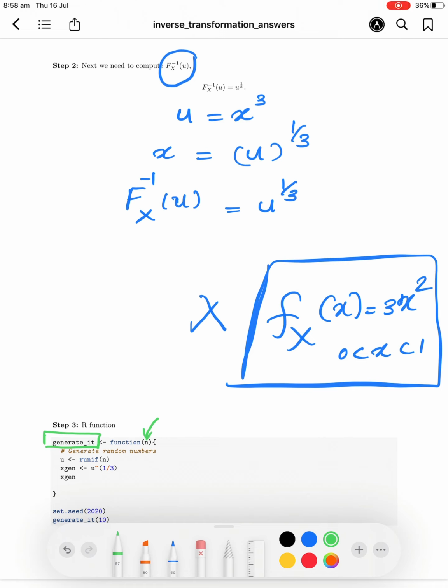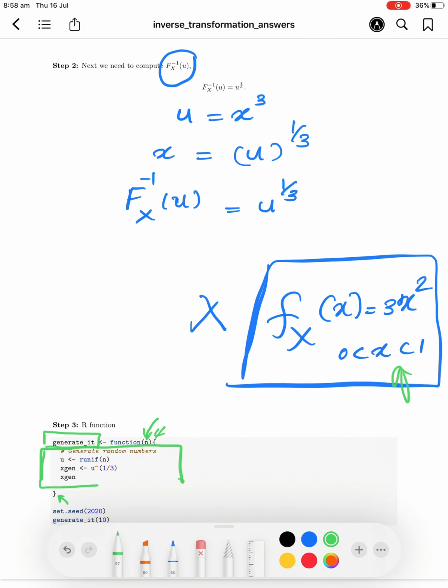And here my input is n, the number of data points, the number of random numbers you want to generate from the distribution of x. Then open bracket, curly brackets and close brackets.